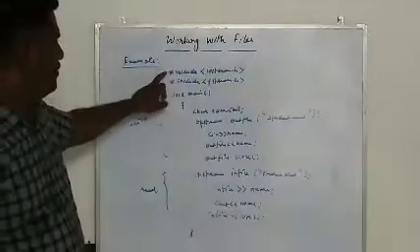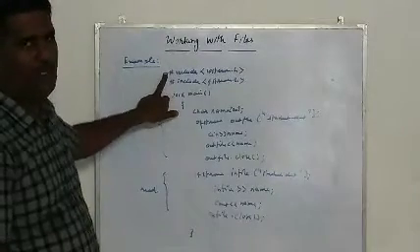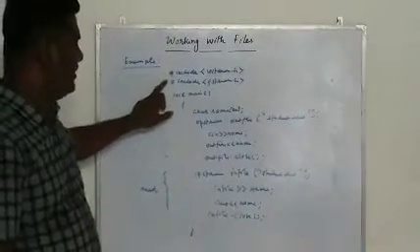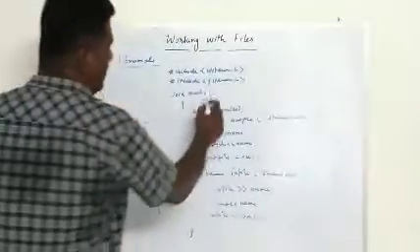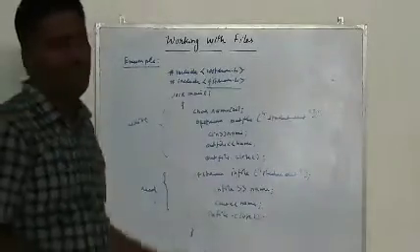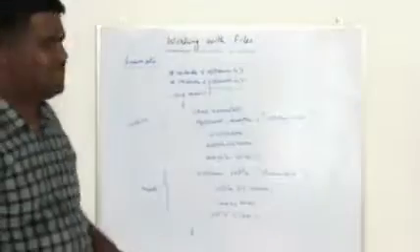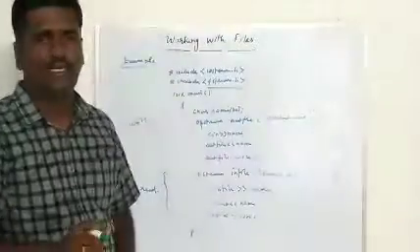Here we already know what it is. Include iostream.h, the standard input output. Then you include fstream.h. This is very important when using the file concept. So you must include fstream.h as one of the header files.